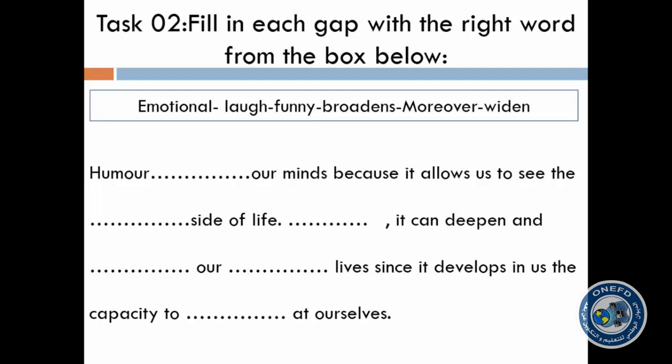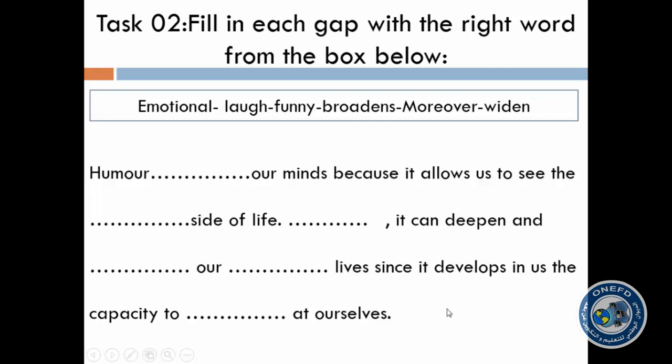So I reread the instruction again. Fill in each gap with the right word from the box below. You have a box. How many words do you have? 1, 2, 3, 4, 5, 6. Emotional, laugh, funny, broadens, moreover, and wider.